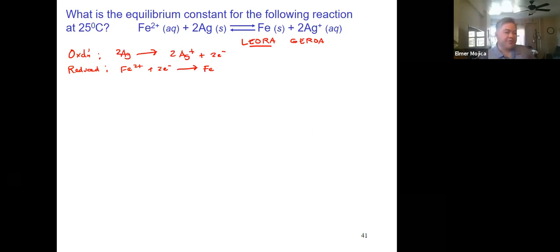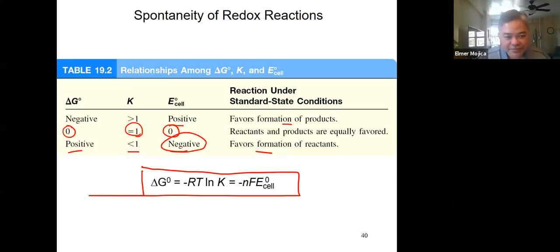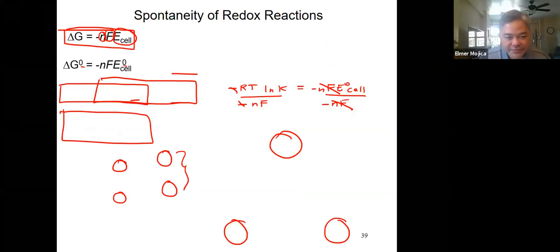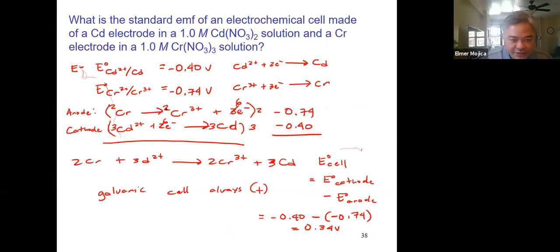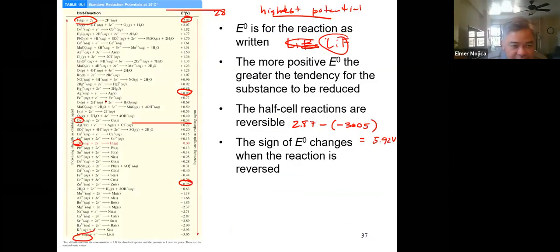Now, the next thing that we're going to do is find the E cell, wherein we have E cathode minus E anode. So let's look at the value of the silver and the iron from the table. You have the silver that is plus 0.80, and you have the iron. Is this the right iron? No, that's not the right iron.